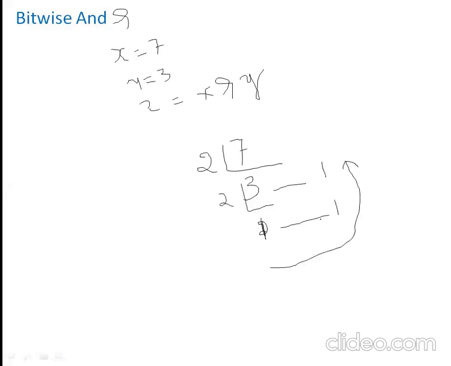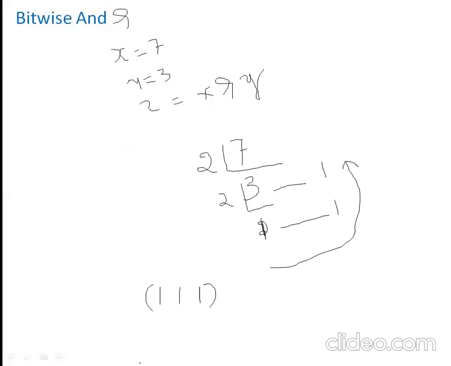From bottom to top, what we get? 1 1 1, or not? Getting it? From bottom to top, this is the binary equivalent result.